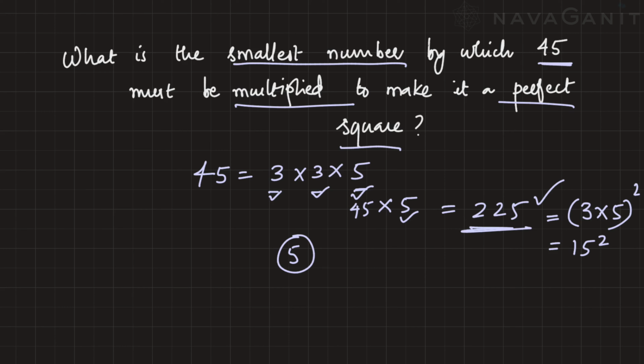So from this video, there are 3 key things to remember. Firstly, regarding square roots, positive numbers have 2 square roots. One is a positive root and the other is a negative root.